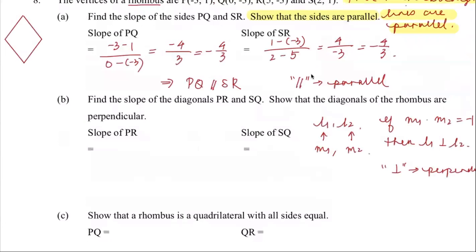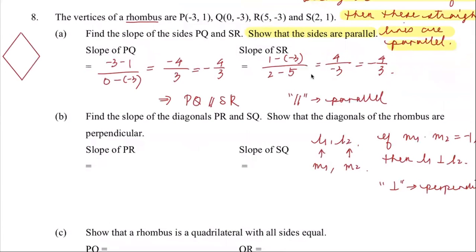Okay, so slope of PR is equal to minus 3 minus 1 over 5 minus 3, right? Y2 minus Y1 over X2 minus X1. So this is equal to minus 4 over 8, which is minus 1/2. Okay, so slope of PR is equal to minus 1/2.